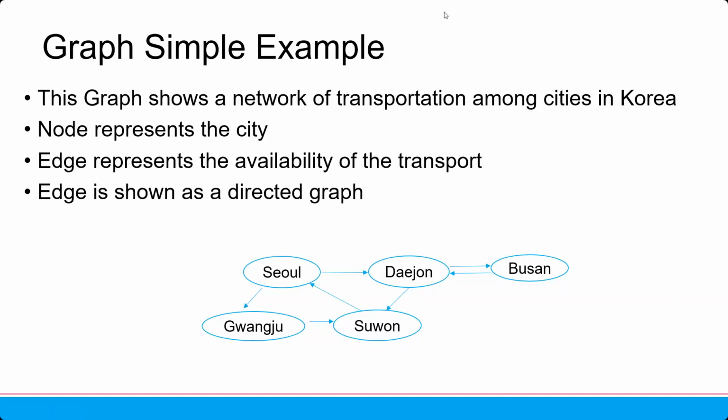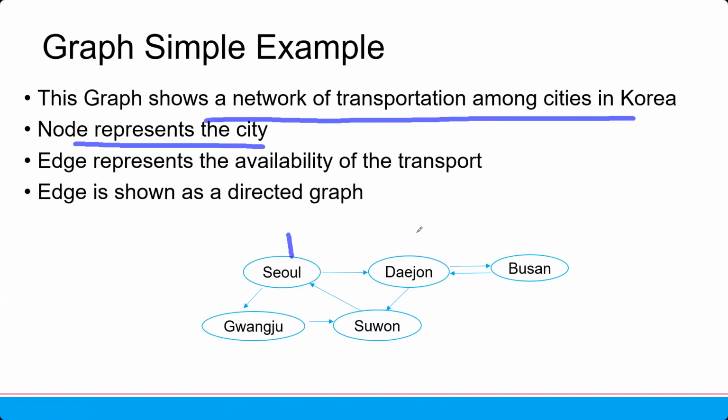Let's see that this graph shows a network of transportation among cities in Korea. So nodes represent the cities. We have Seoul, Gwangju, Daejeon, Suwon, Busan. So let's say this is Gwangju city.